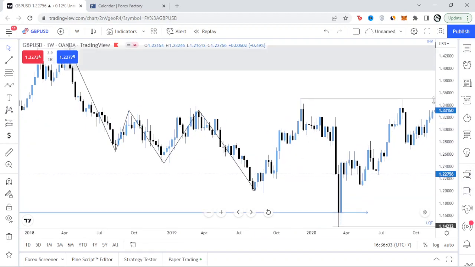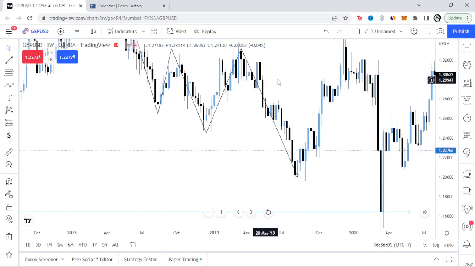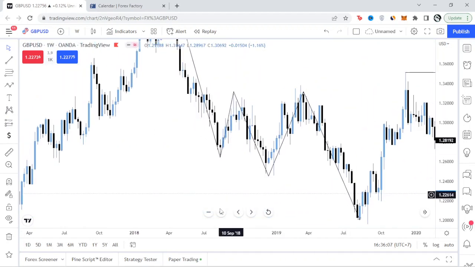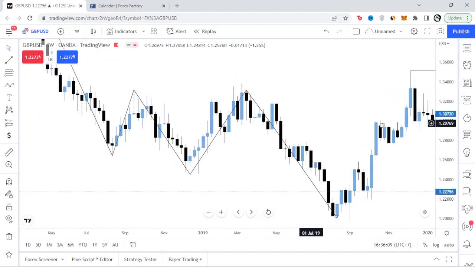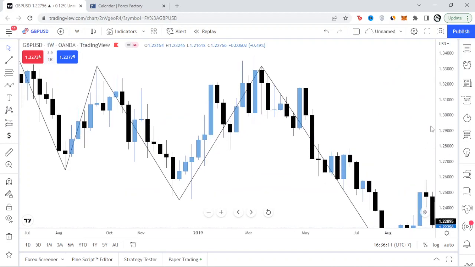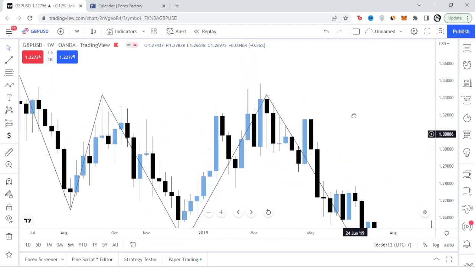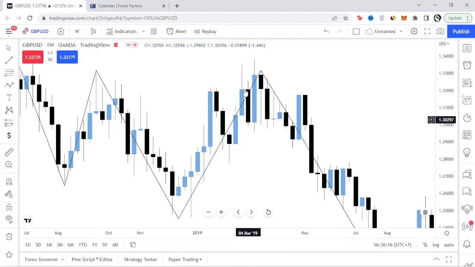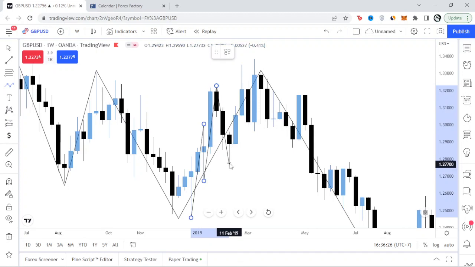For instance, when we were right here, let me expand on this. When we were here, we went high. Can you see that? We pushed up again, we pushed back down, and we took out this high, the one we just created.